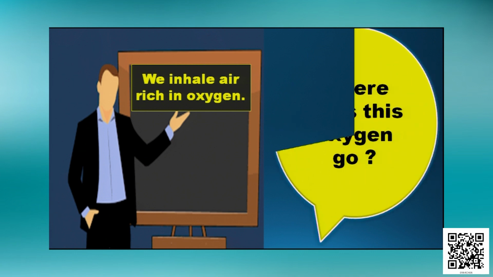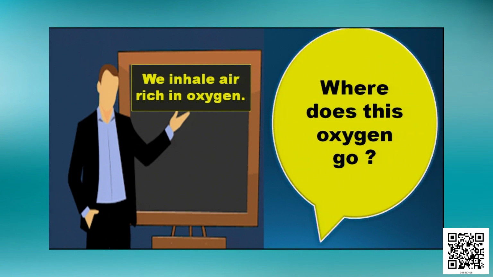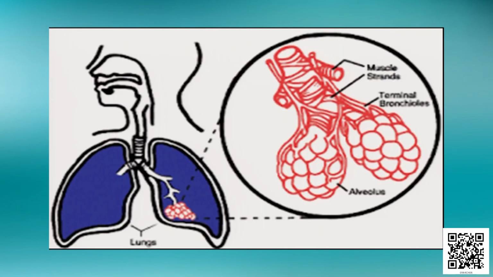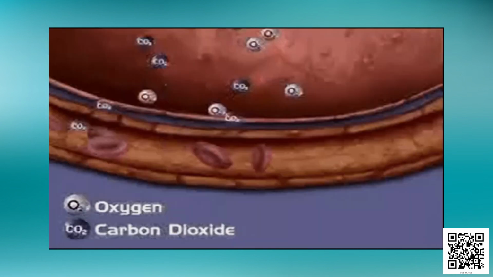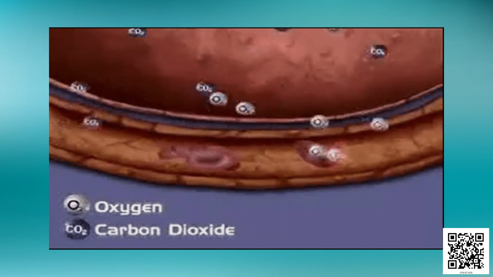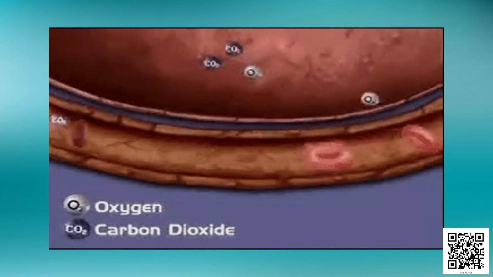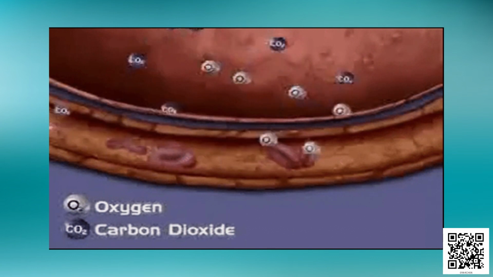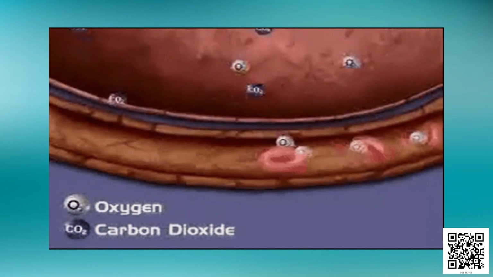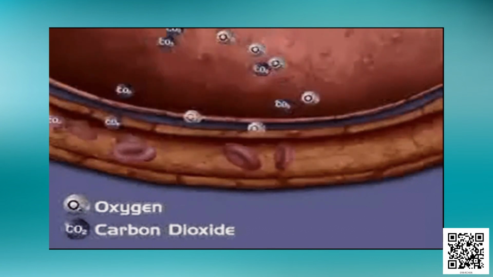But where does this oxygen go after we inhale it? Let us see. The oxygen reaches the lungs through the respiratory tract, and in the lungs there are lakhs and lakhs of alveoli. The alveoli are associated with blood capillaries or blood vessels. So what happens?